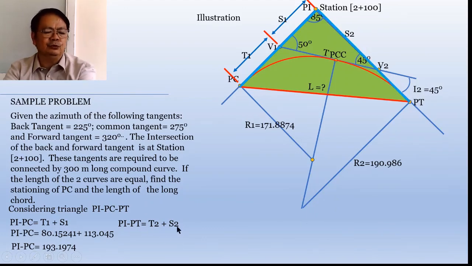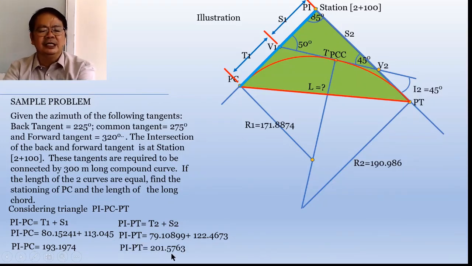If the values are substituted, we have 79.10899 for T sub 2 and 122.4673 for S sub 2. Therefore, the distance between PI and PT is equal to 201.5763.